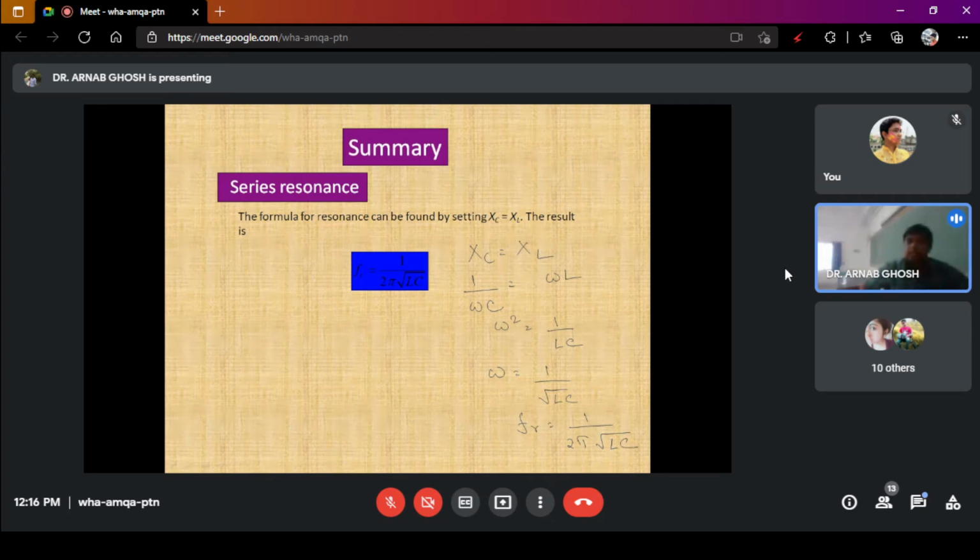So this is the thing. For resonance, we are saying XC will be equal to XL.